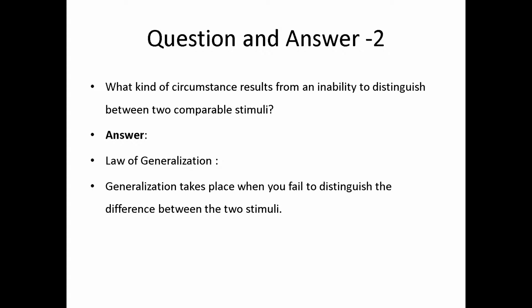When people cannot find the difference between two things, we can say it is due to generalization. This is related to Pavlov's classical conditioning experiment. On the base of classical conditioning, we have the key learning principle, the law of generalization. Generalization takes place when you fail to distinguish the difference between two stimuli. Let's move to the second question.